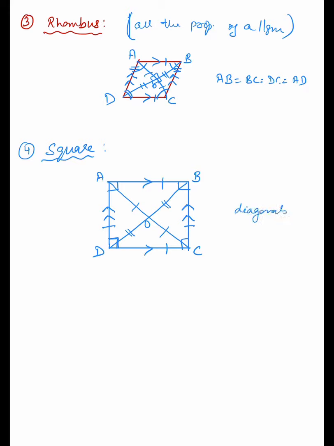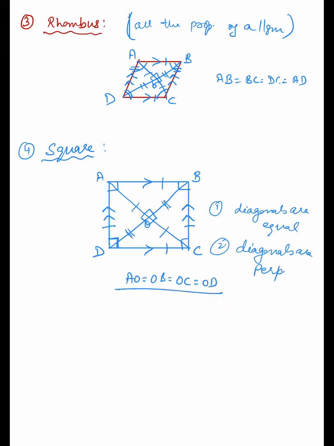And one more extra property is that the diagonals are perpendicular to each other, meaning the angle between them is 90 degrees. That means AO is equal to OB is equal to OC is equal to OD. All these four parts will be equal to each other. Hence, these are the properties of a square, and a square has the maximum number of properties.